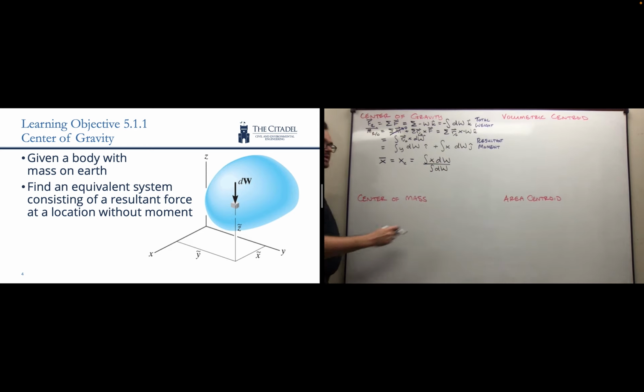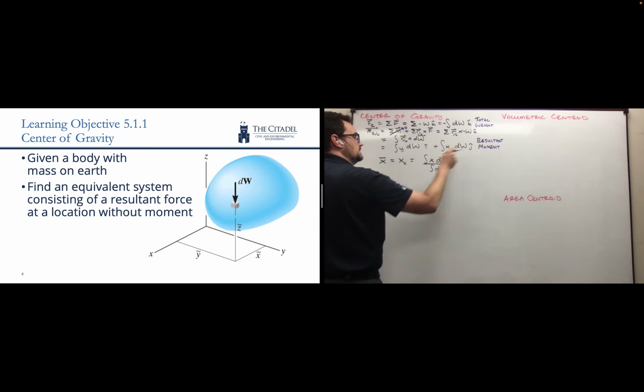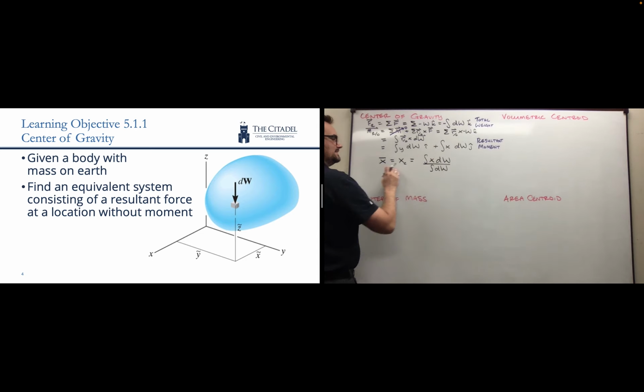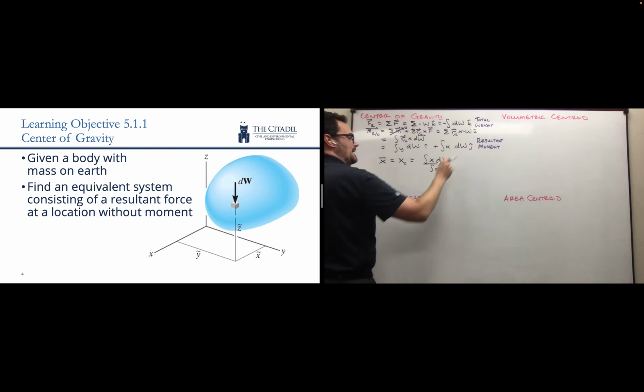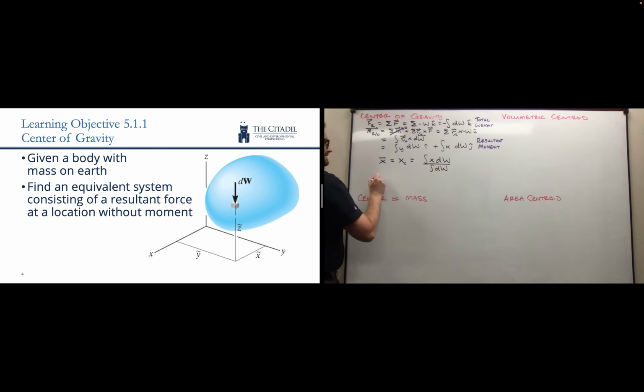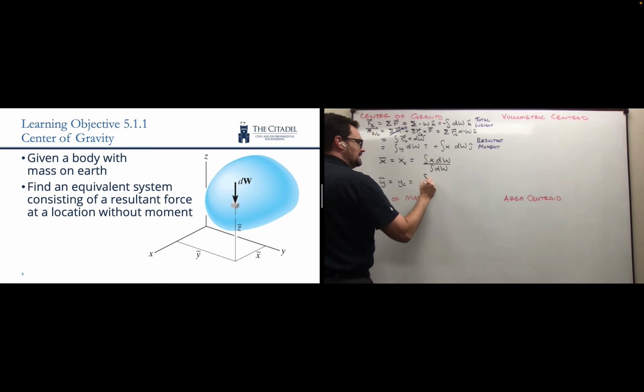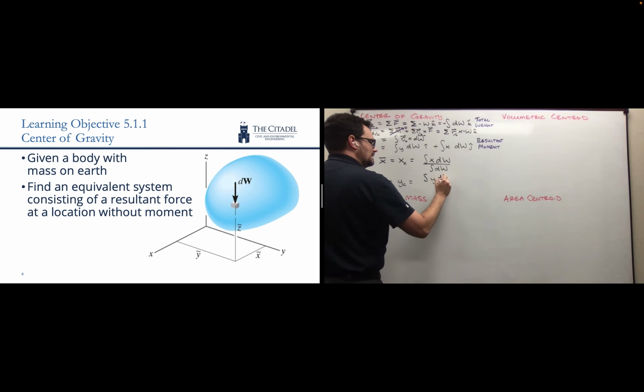So again, total moment, resultant moment about the y-axis to get my x centroid divided by the total weight. And for my y centroid, again, your textbook would use the symbol y bar. We're going to use the symbol yc, integral y dw divided by integral dw.